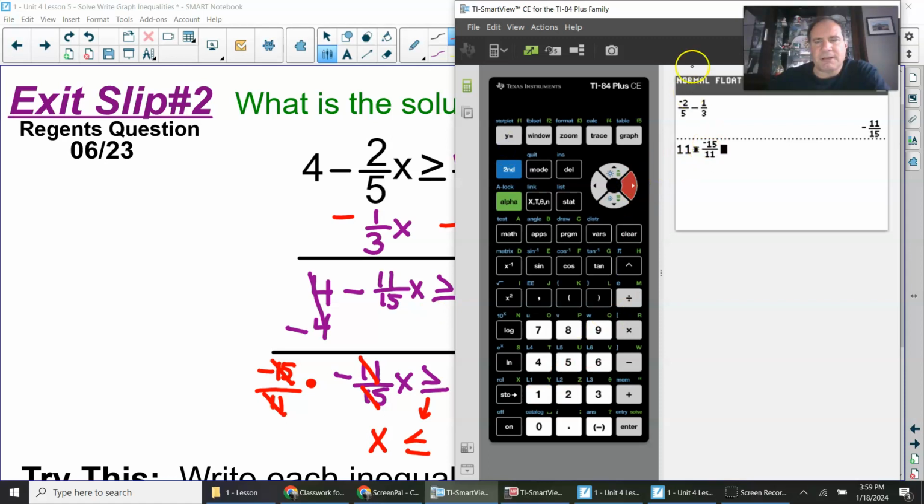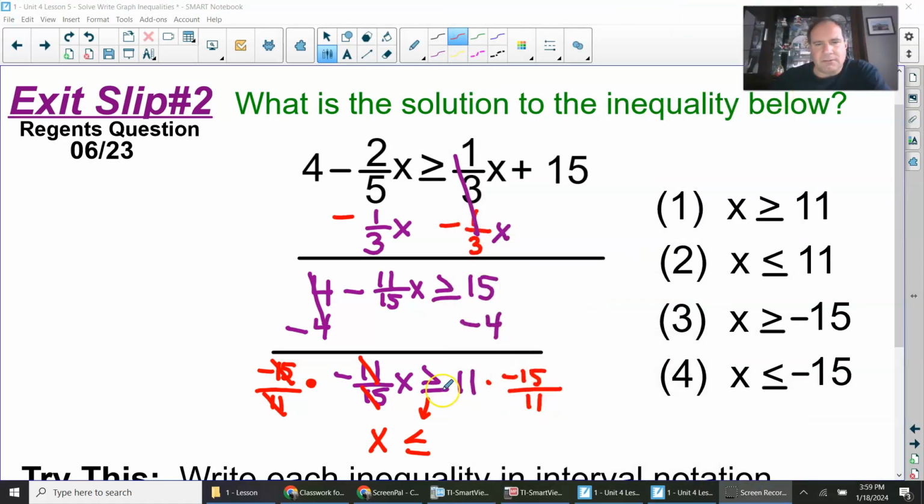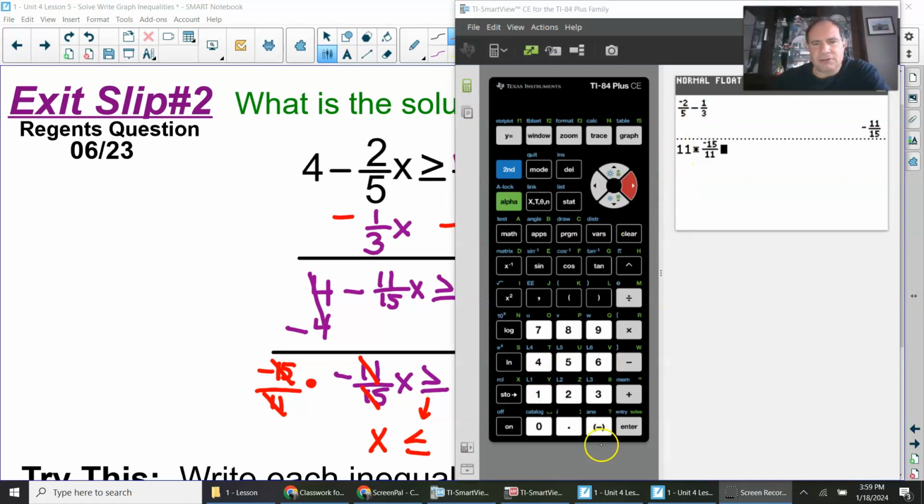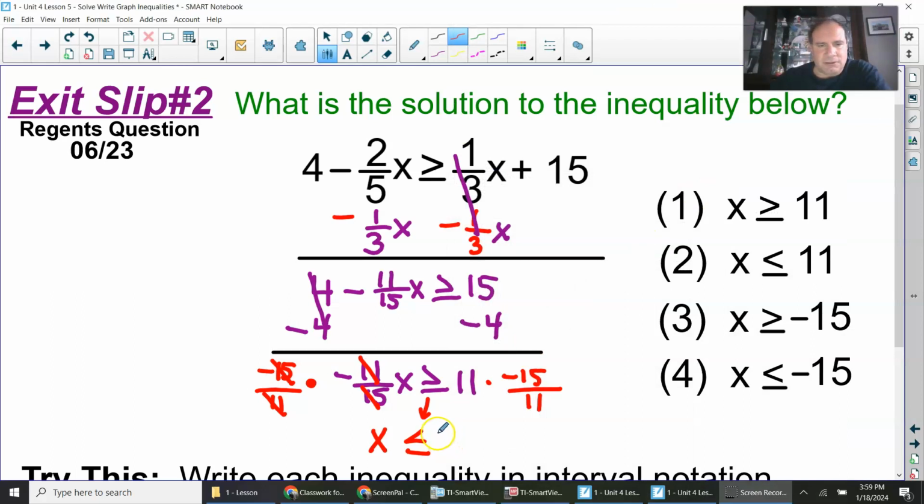So that's what I'm doing. I'm just putting this right here on the calculator. So I'm going to press enter, and I get negative 15. So x is less than or equal to negative 15.